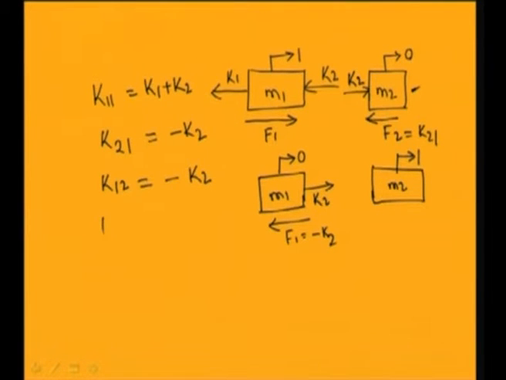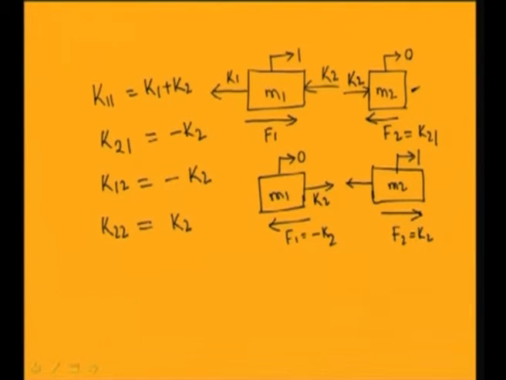Now to determine K22, that is the force required at 2 to have unit displacement at 2 and 0 displacement at 1, you can find from this free body diagram that mass M2 is subjected to a force K2 in the opposite direction. To maintain this displacement, one has to apply a force F2 equal to K2, so K22 will be equal to K2.